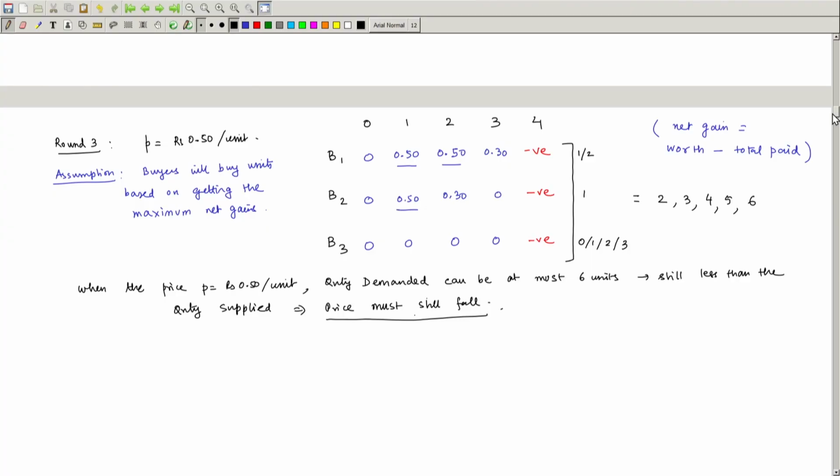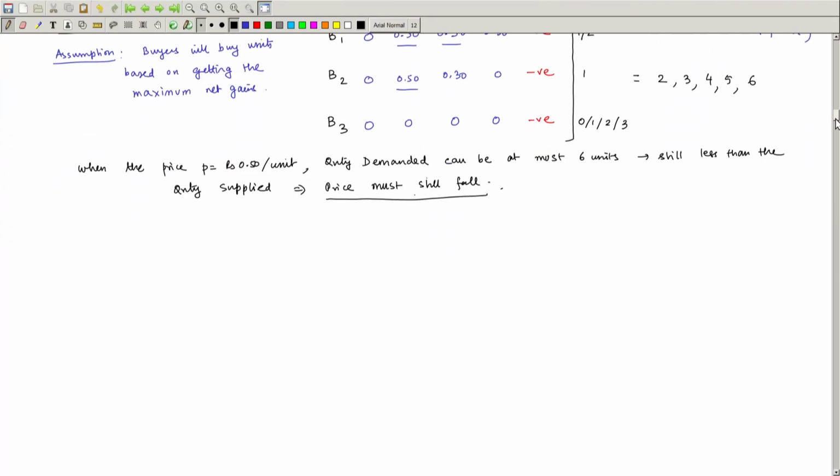Okay. So, now that you have a feel of how to compute the net gains and identify what the quantity demanded is going to be, let us do one final round, which is round 4, and I will take a price of P equals rupees 0.3 per unit.